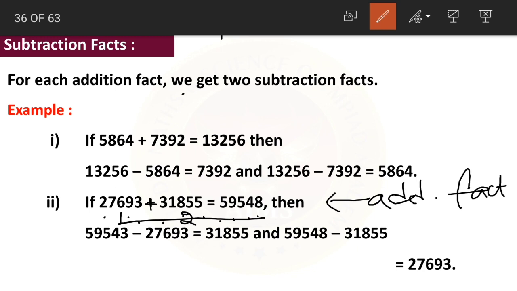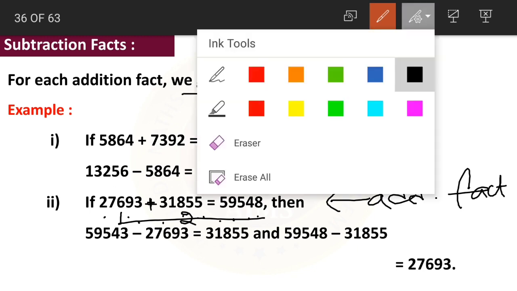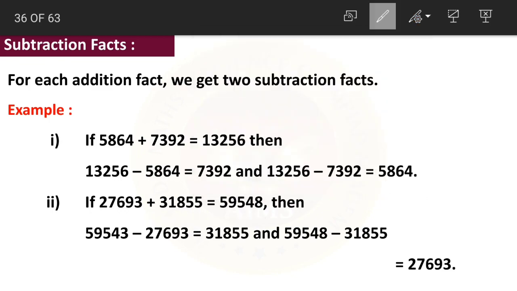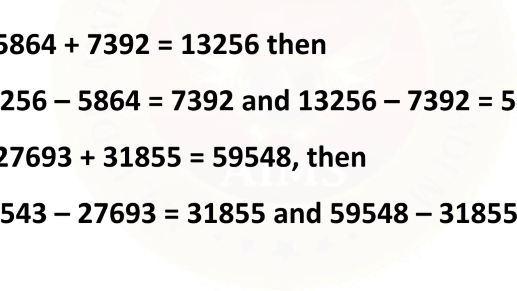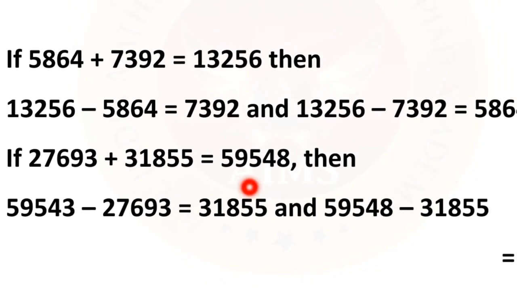Now what should we do? We should get two subtraction facts. Let me zoom in. We should get two subtraction facts. Now what did I say, children? Always the sum will be the greater number. So for both the subtraction facts, write the sum first.